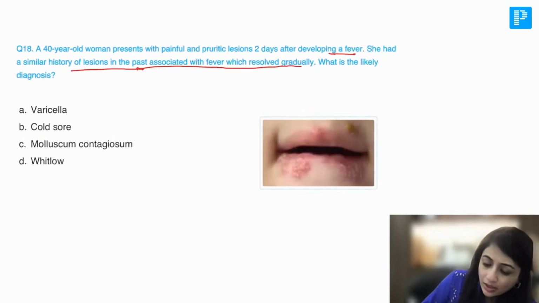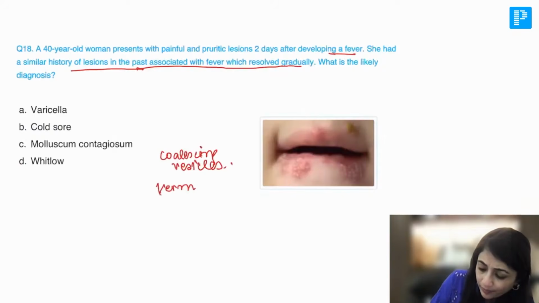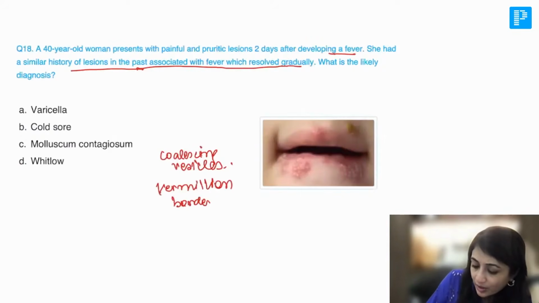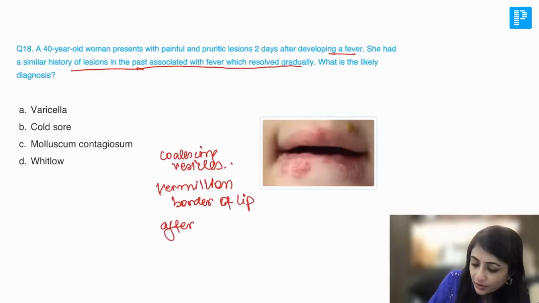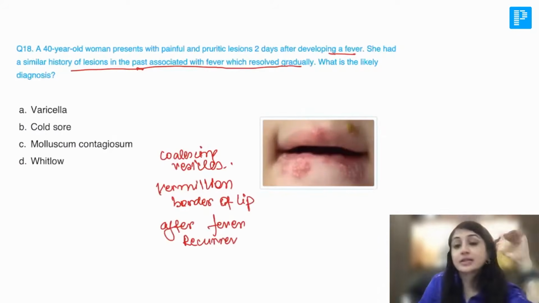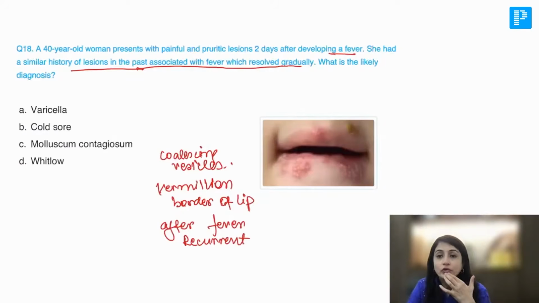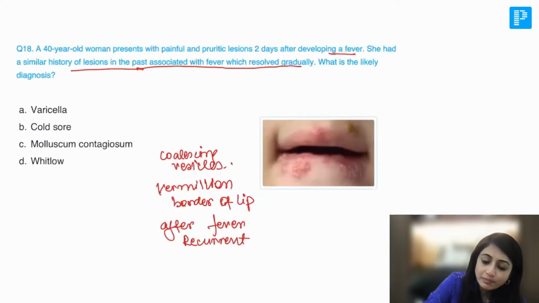You are seeing coalescing vesicles present at the vermilion border of the lip, and these are present after fever. So after fever, recurrent coalescing vesicles at the vermilion border of the lips. This is herpes labialis.